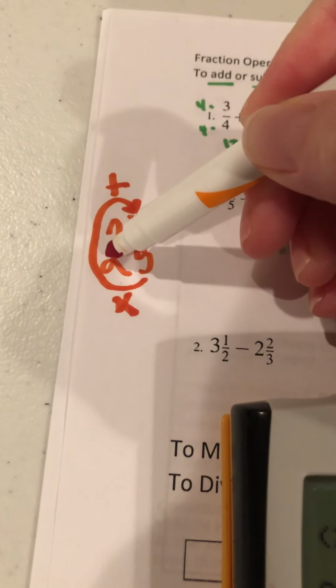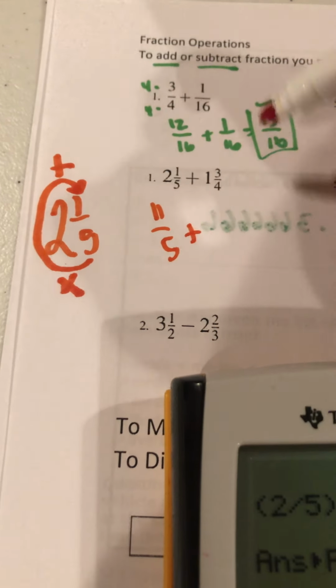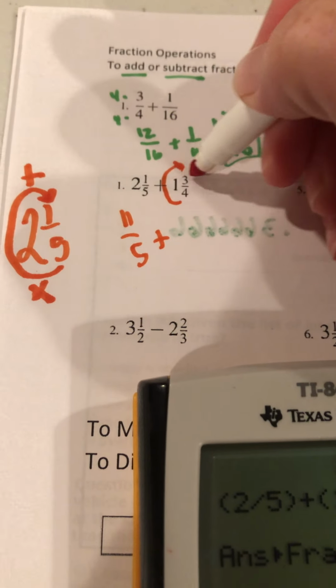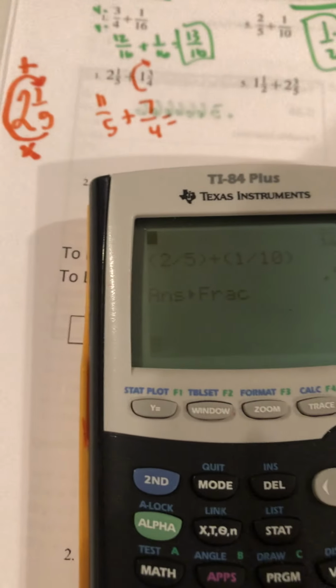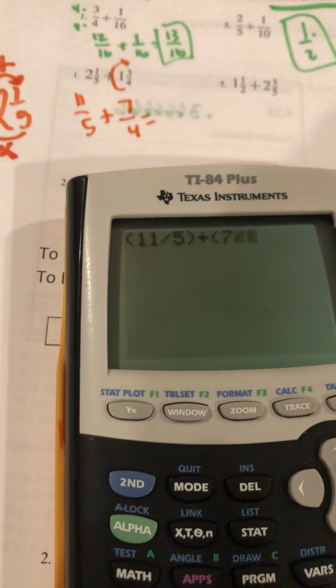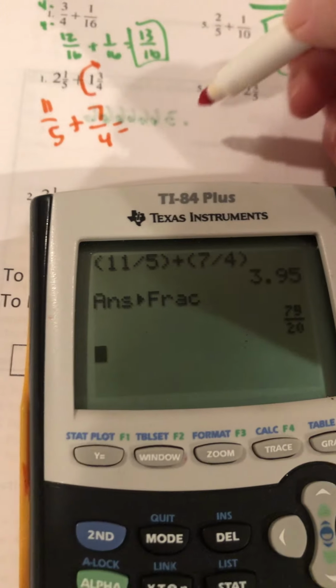So 5 times 2 is 10, plus 1 is 11/5. So technically that's 11/5. And again, if I went around here, 4 times 1 is 4, plus 3 is 7/4. And then I could put in right here 11/5 plus 7/4, math enter, excuse me. So 79/20ths.